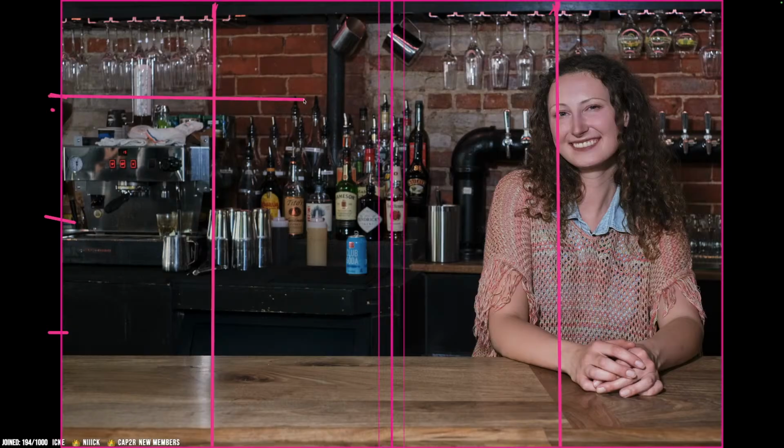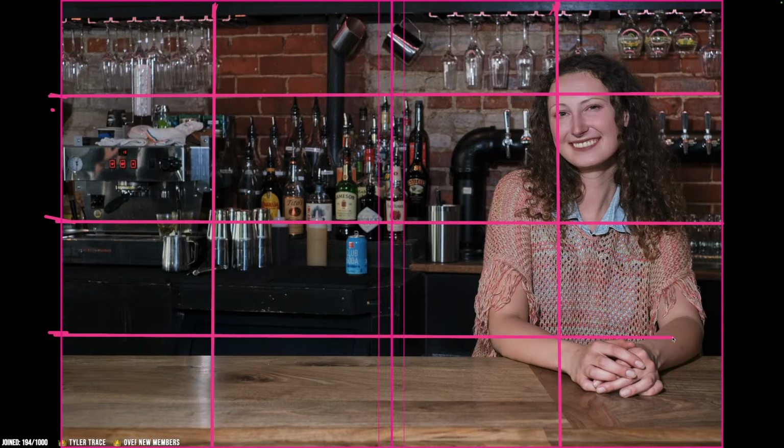So if you use a 4x4 grid, this is actually the money for composing for magazines, editorial, and print. You have 1, 2, 3, 4, and then 1, 2, 3, 4 down. And what that gives you is a center marker, and then it also gives you the center of that center.